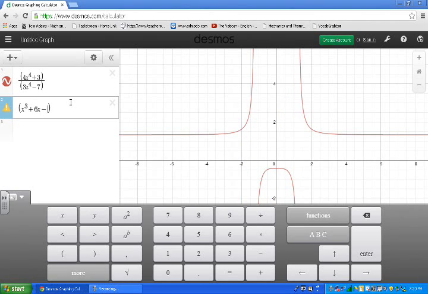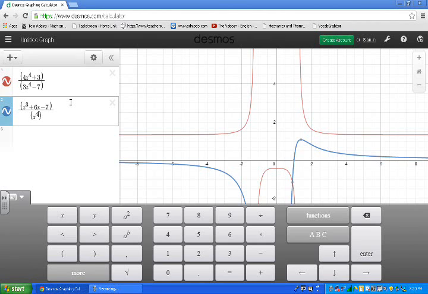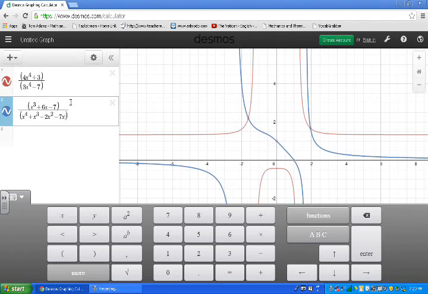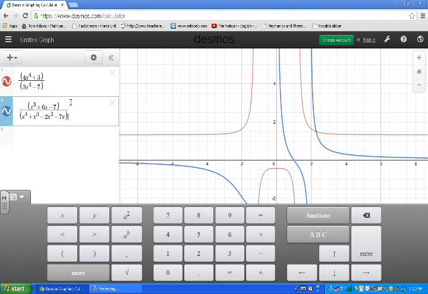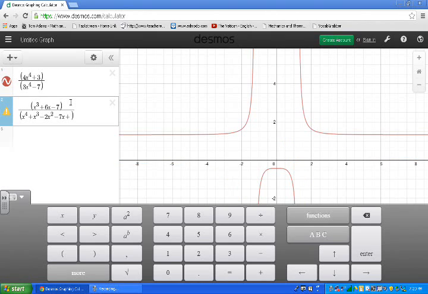Now let's take a look at a function if we choose to have different degree polynomials for the numerator and for the denominator. So I'm going to graph a different function where the denominator has a higher degree than the numerator. Again, any term beyond the highest degree, as x approaches infinity, really becomes irrelevant.